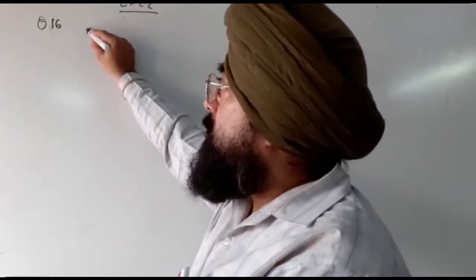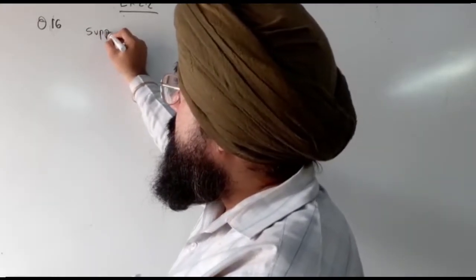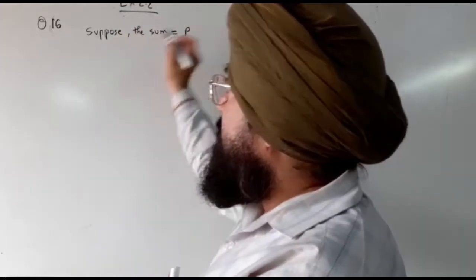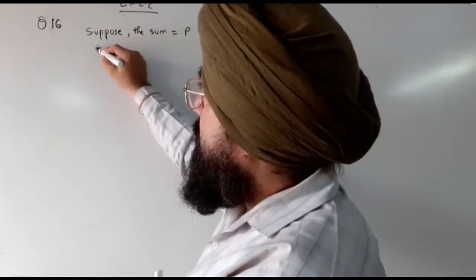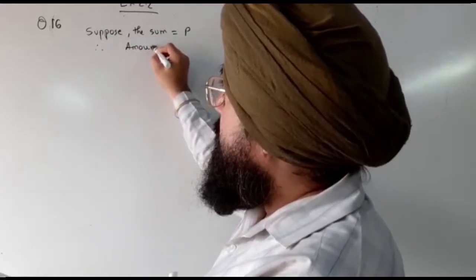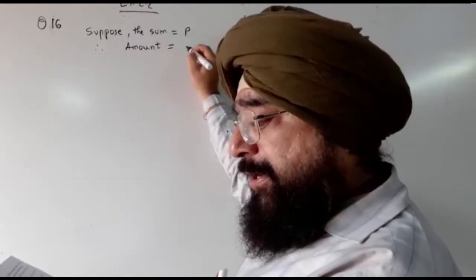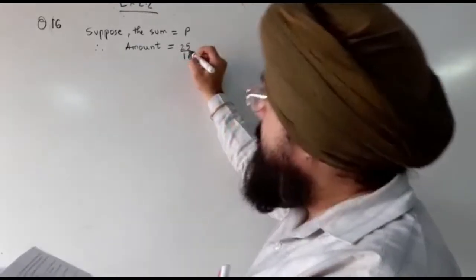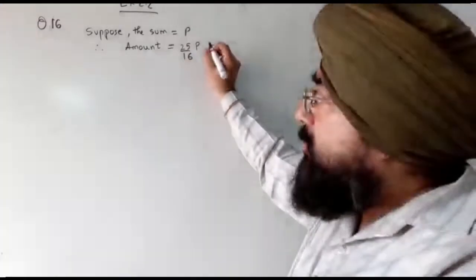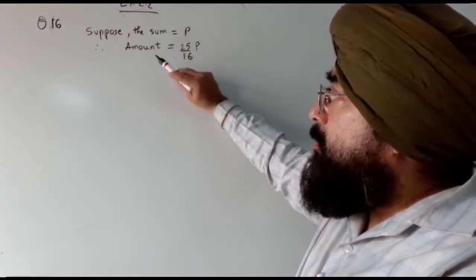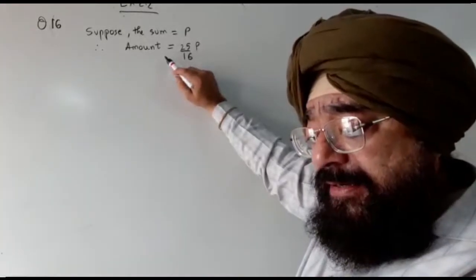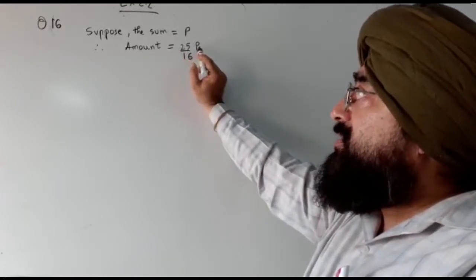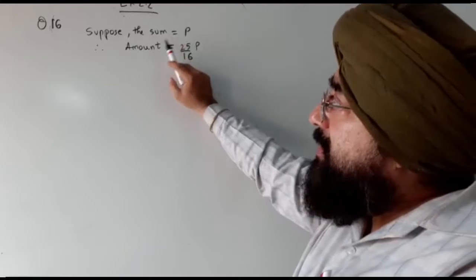That is, suppose the sum be P, then the amount will automatically become 25 by 16 times of P. So if I assume that the sum is P, the amount will automatically be, as given here, a sum compounded annually becomes 25 by 16 of itself, of P. 25 upon 16 of P, because itself meaning the sum is P.